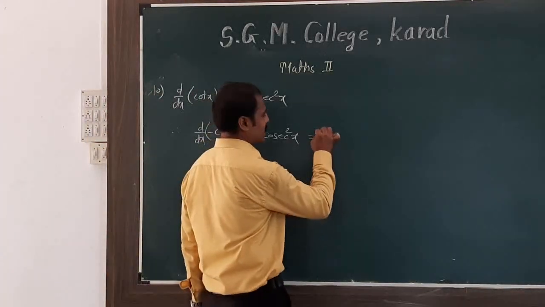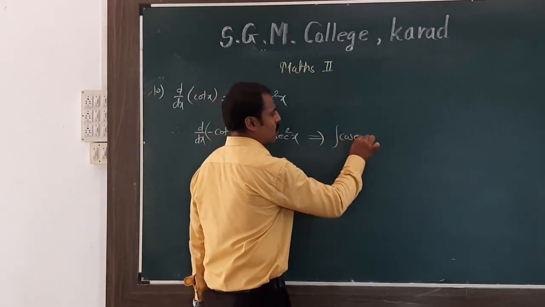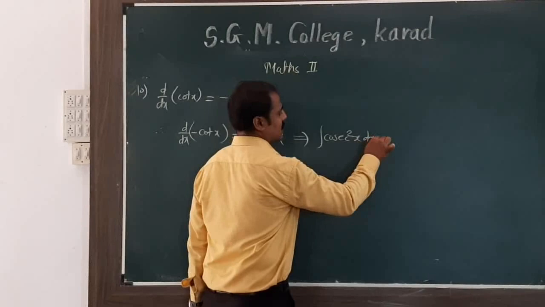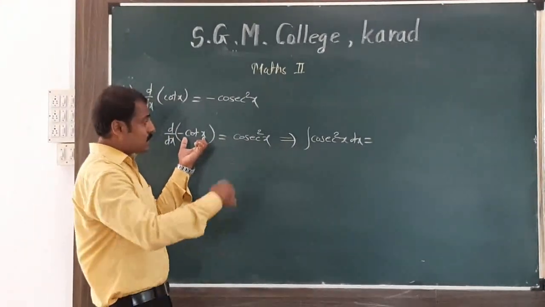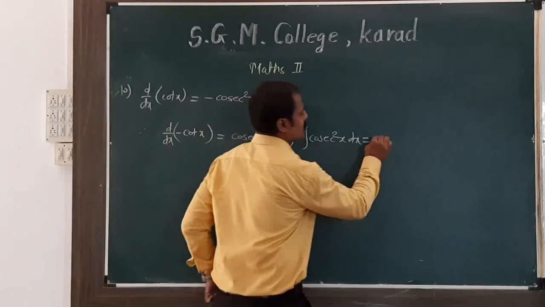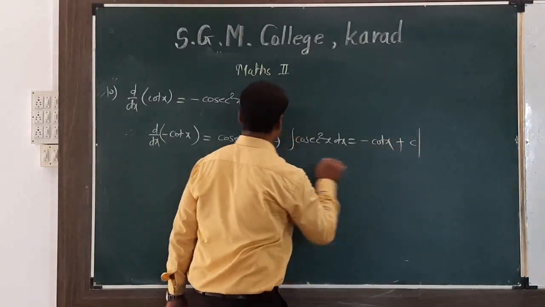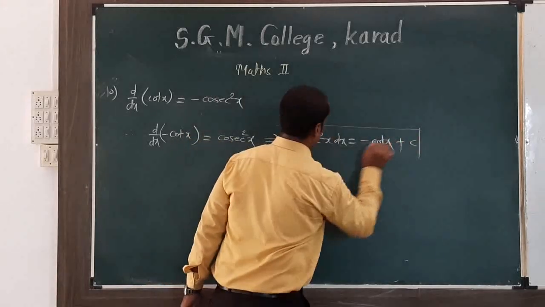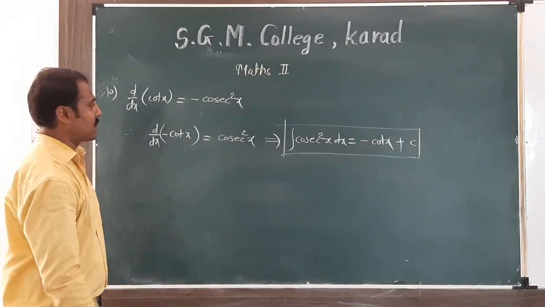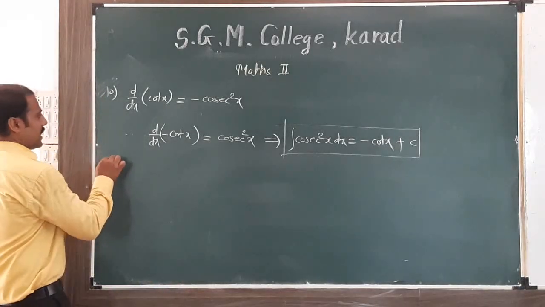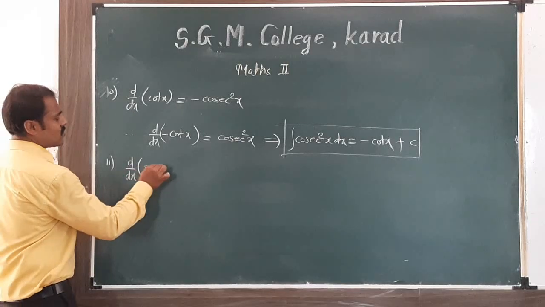It implies that integration of cosec square x dx, integration of cosec square x with respect to x, is minus cot x plus constant of integration c. Here is the formula for integration of cosec square x dx is minus cot x plus c. Next, d/dx of sec x is known.